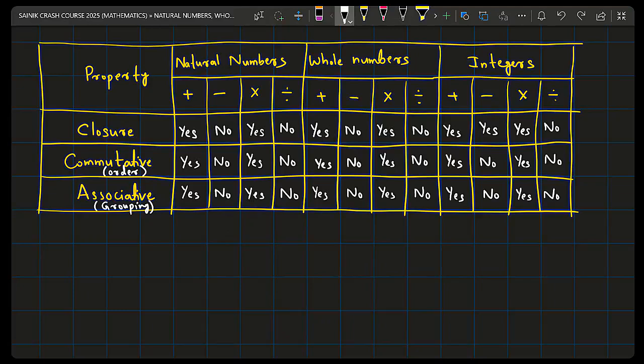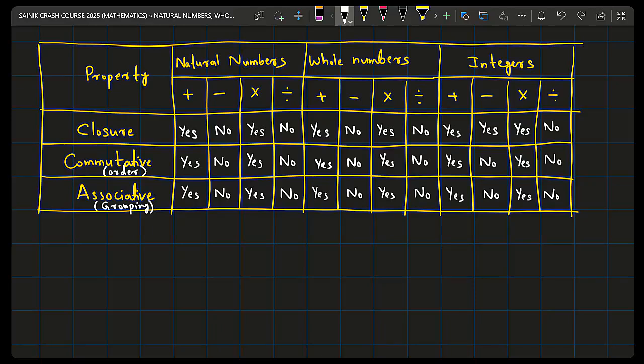Surya, do you have any doubts? Yes, sir, I don't understand the closure division method. Closure property division method in integers, sir. Come again, which numbers? Whole numbers? Sir, integers. Closure under which operation?